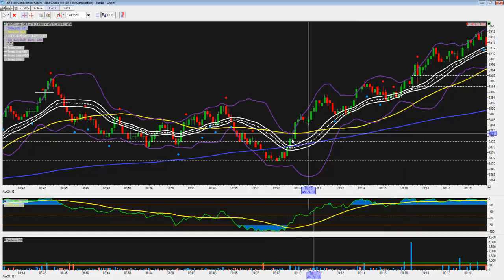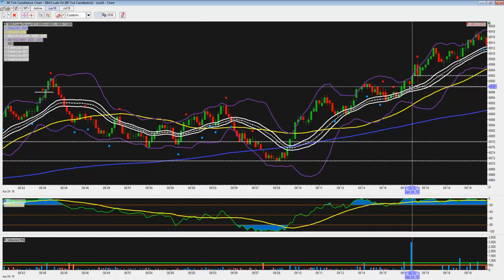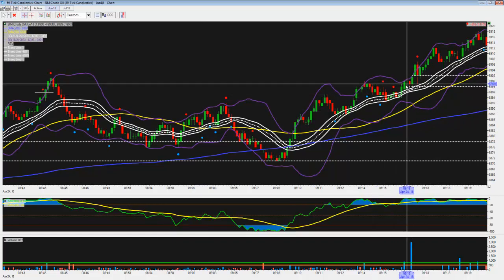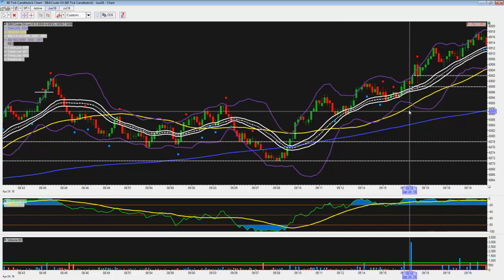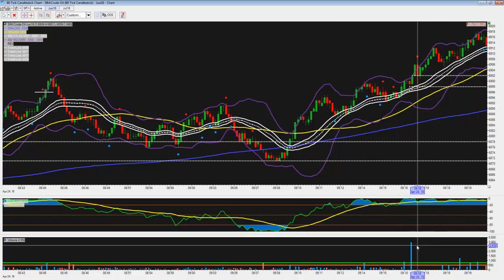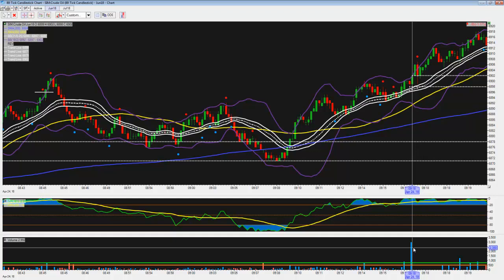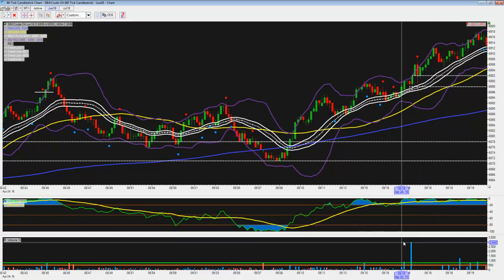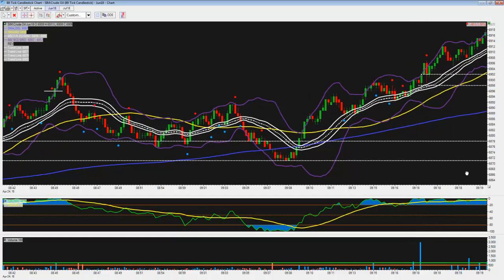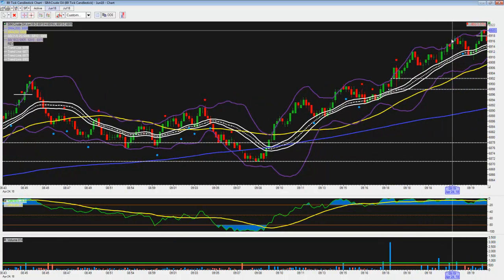Maybe I already had that on the charts. Okay, so we want to be short below, long above. But now it's reversed. I wanted to be long above, short below. Now I want to be short below, long above this line.